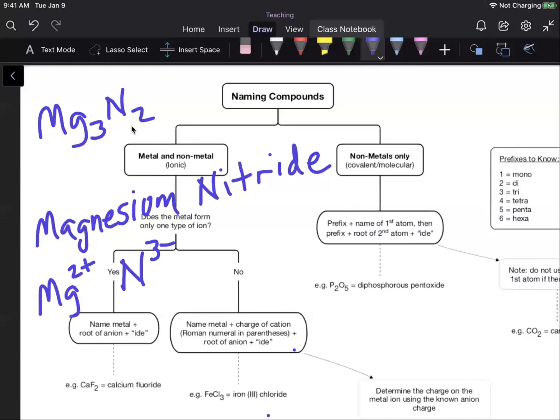To combine those together to get a zero charge, I need 3 magnesiums, so 3 2 pluses, and 2 nitrogens, 2 3 minuses. We're getting into the next topic, but we're going to have plus 6 from the magnesium, minus 6 from the nitrogen, neutral compound. But as far as our naming is concerned, we're not worried about that. We name the metal, magnesium, we name the nonmetal, nitr, and we give it the IDE, so magnesium nitride.